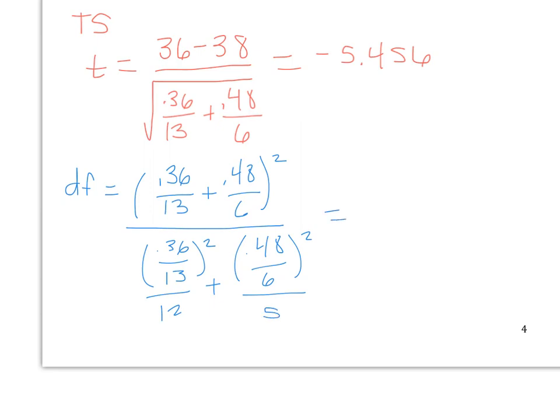And that's going to give us something like 7.7, but we round down and we get degrees of freedom of 7.